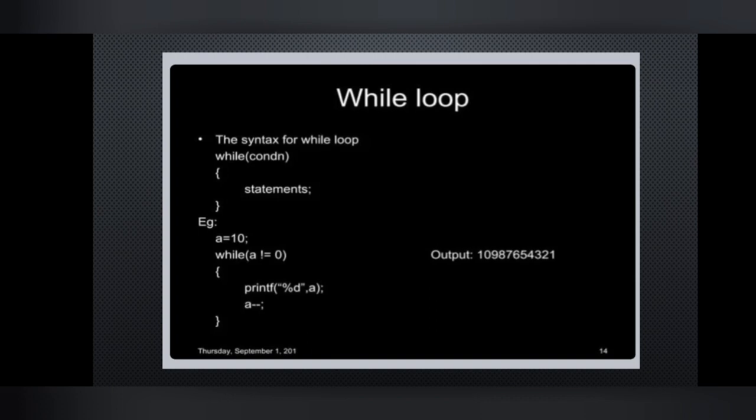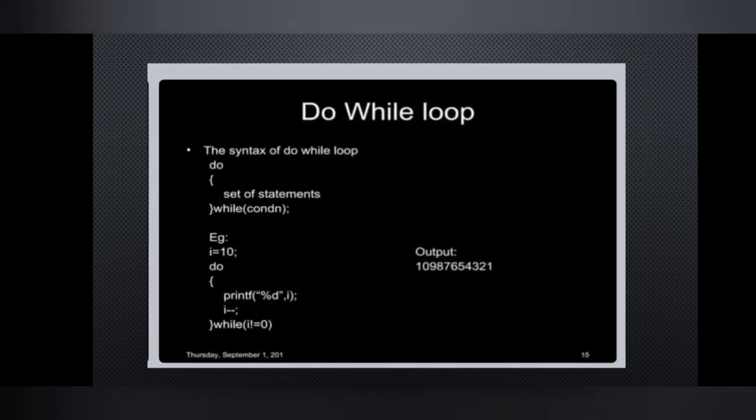So it will print the value 10, then decrement the value, and again it will get executed while a is not equal to 0. After executing the code, we will get the output 10 9 8 7 6 5 4 3 2 1.